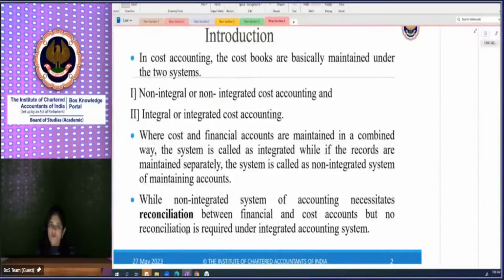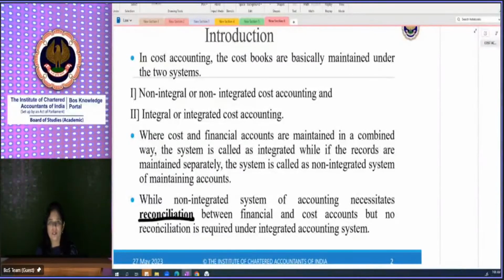So how we maintain the records, we have to understand. Cost and financial accounts, if they are maintained in a combined way, we integrate it. It is called integrated, while if the records are maintained separately, we call it non-integrated. When a non-integrated system of accounting is there, then we have to reconcile. Reconciliation happens only when there is a non-integrated system. If we are maintaining one set of books, then there is no point of reconciliation.